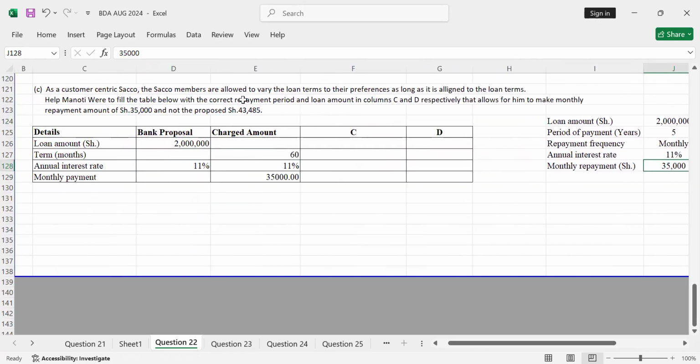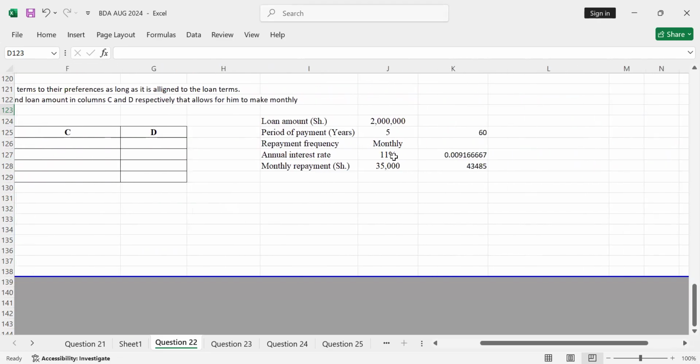The question is telling you the correct period and loan amount in C and D. So this is for when the monthly payment changes to 35,000.